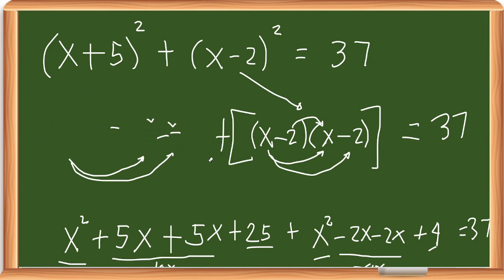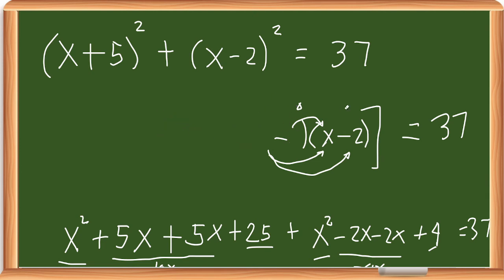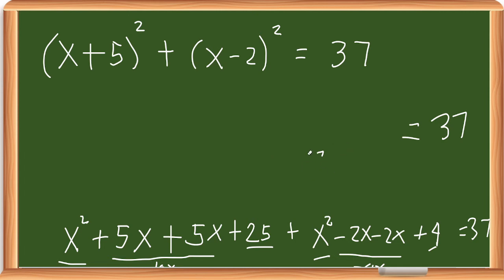Ang gagawin ko, if you are dealing with a squared binomial, para makuha mo kagad yung product, na hindi mo na kailangan pang i-multiply, distributive property multiplication, and so on and so forth. No? So, when you are dealing with squared binomial, ibig sabihin, naka-square siya, binomial siya na naka-square. No? All you have to do is get the square of this one. So, that means x squared.